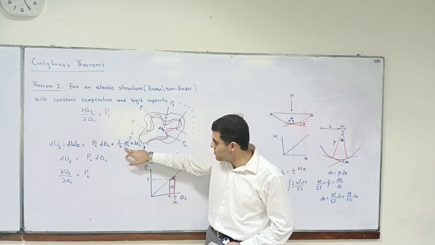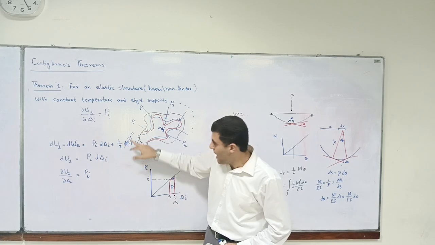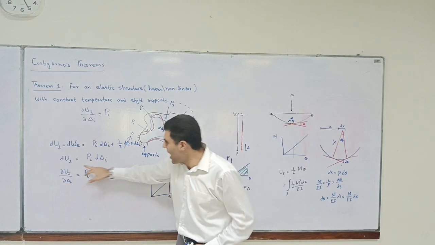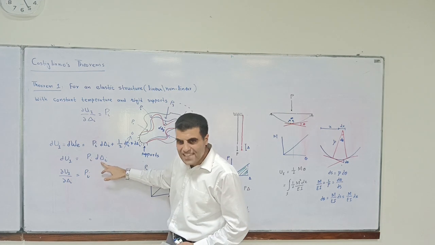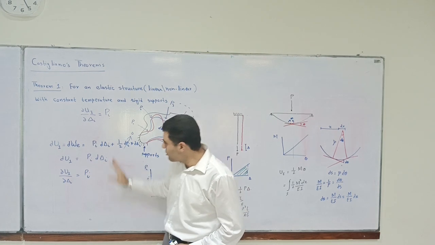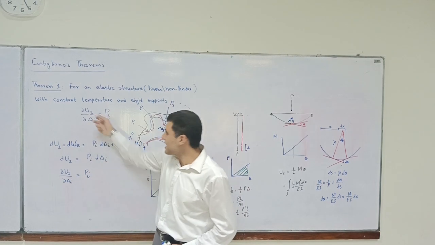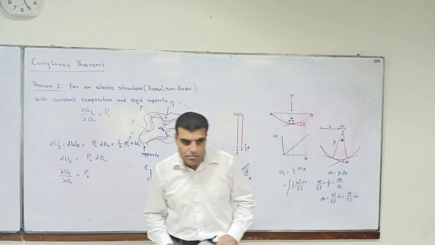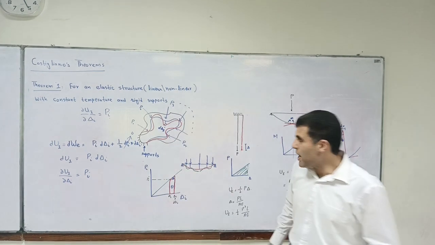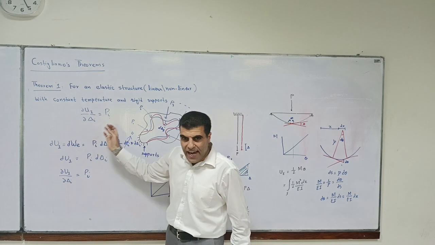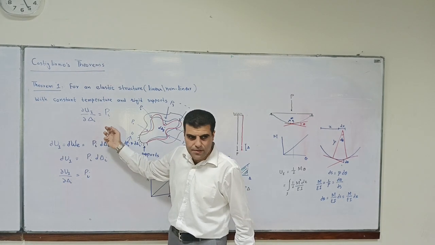That comes out to be 0, and we get dUi is equal to Pi d delta I. You just take it to the other side and you get the same equation. Any question about this one?